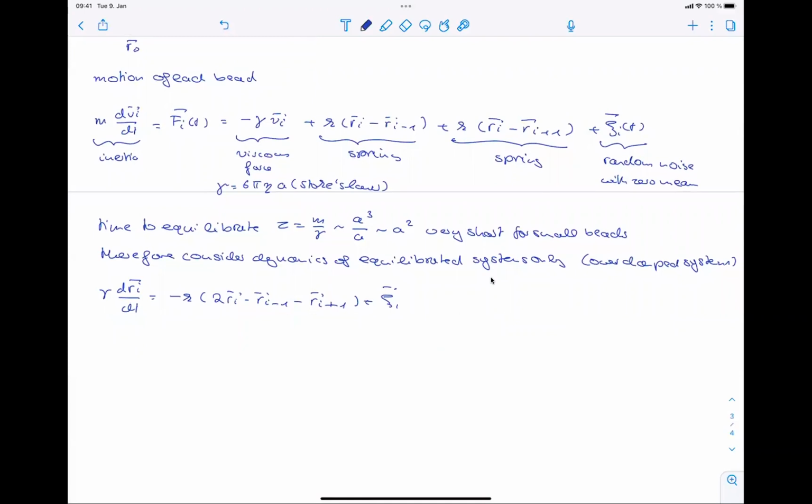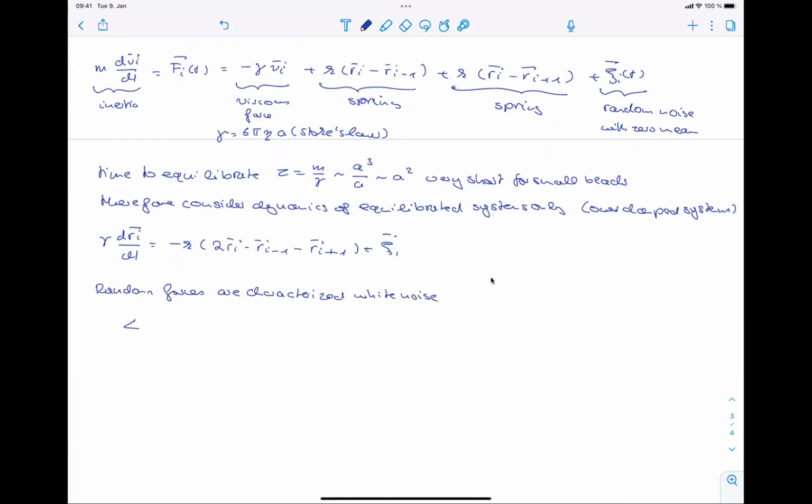And also just a few words on the noise. So these random forces are characterized by so-called white noise, and white noise being defined by the average of this noise being 0, and the second moment, of i alpha denoting the Cartesian component, psi j beta t prime.